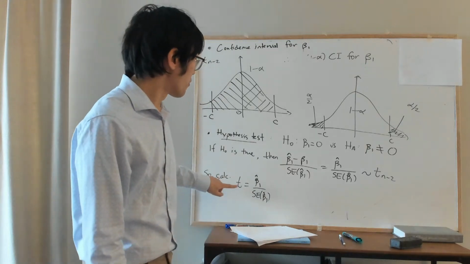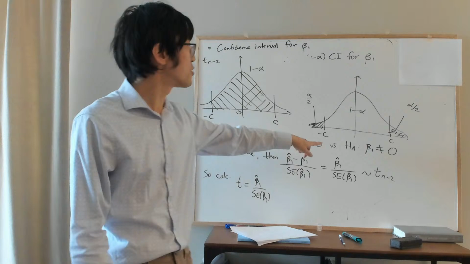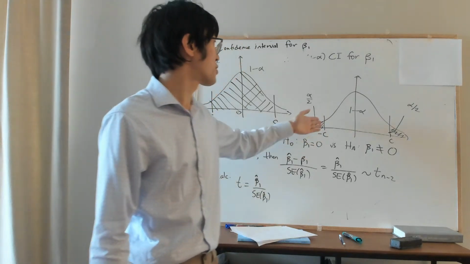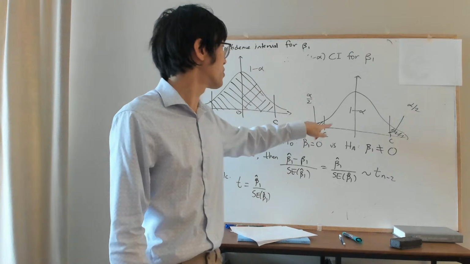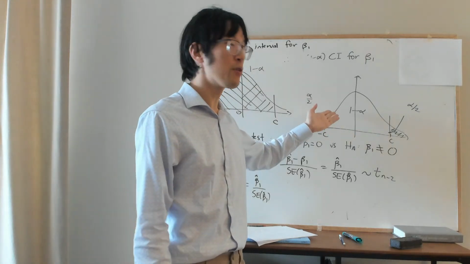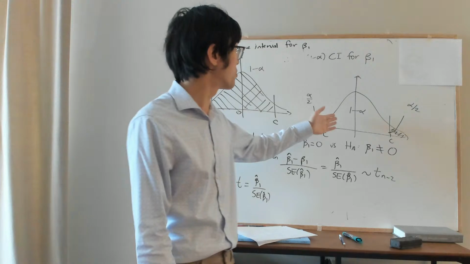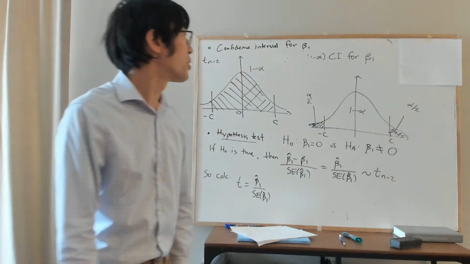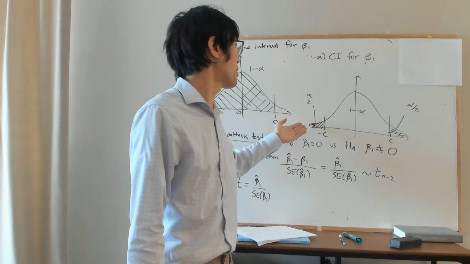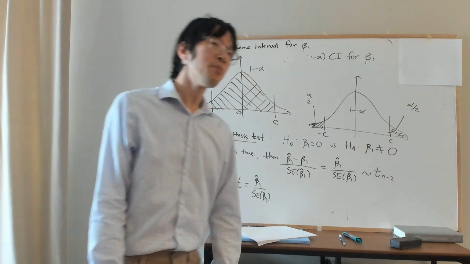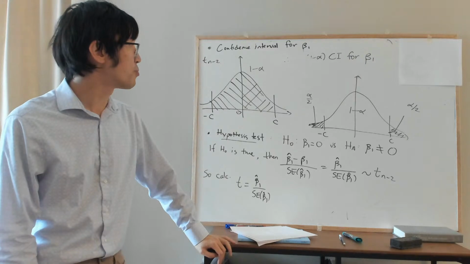When the null hypothesis is true, this follows a t distribution. Imagine it to be a random variable with a value drawn from this distribution. Most of the time it will fall in the middle of the distribution, and on occasion, even if the null is true, it will fall in the tails. That's the intuition behind the hypothesis test.